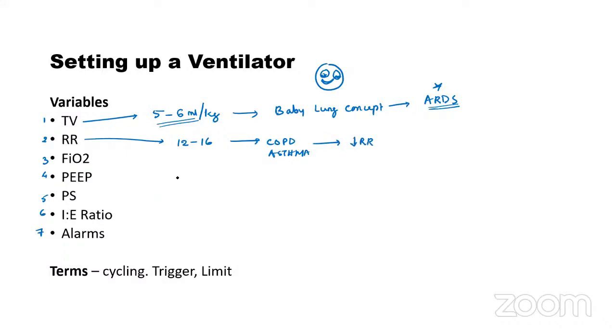Now, FiO2 we have already seen. Ventilator is an example of a fixed oxygen delivery device, where you can provide 100% oxygen.